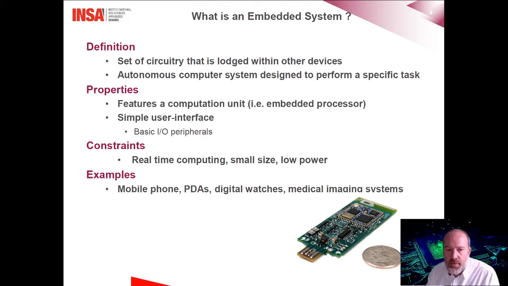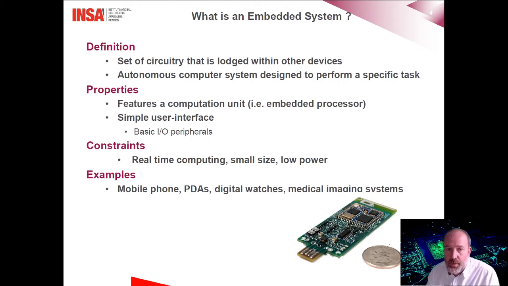The properties of this type of systems are that they generally feature a computing unit. We're talking about embedded processors, which are usually simple and are to be distinguished from conventional so-called general purpose processors like the ones you have in your PCs and laptops.